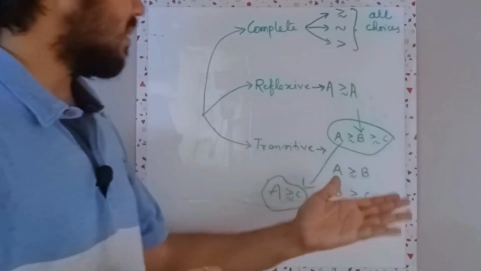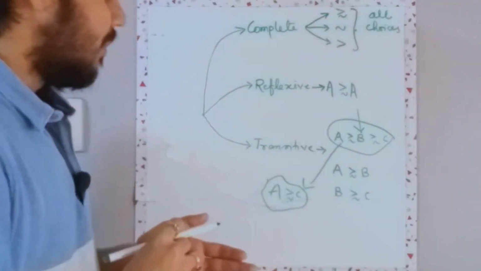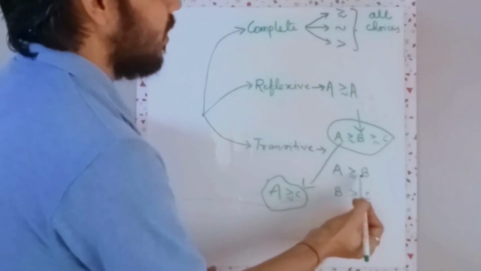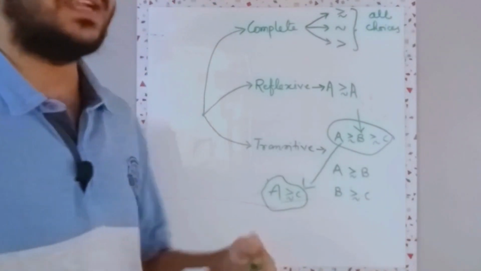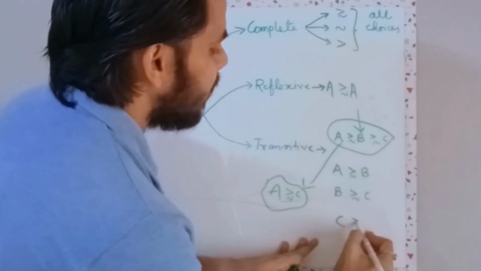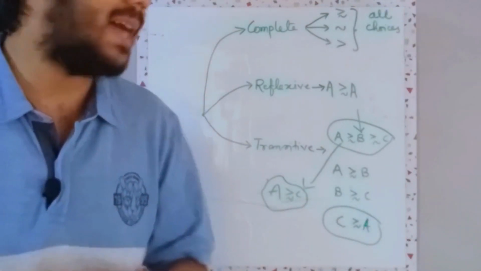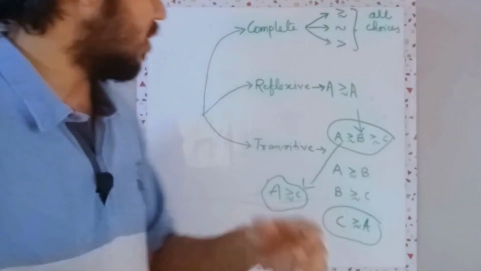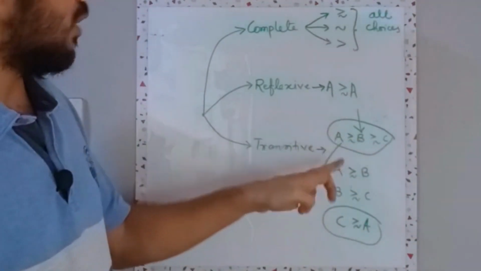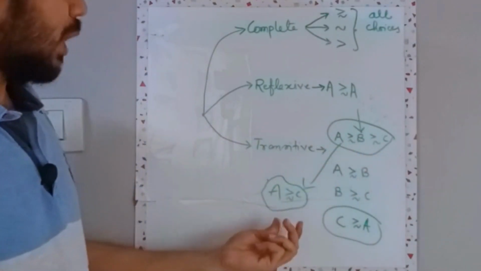Now this has some kind of logical reasoning behind it, because let us say you are saying that you prefer A over B and B over C, and then suddenly you say that no, I also prefer C over A. This is definitely not logical as per our assumptions, because using the earlier logic, you prefer A over B, then B over C. Then the natural logical deduction is you prefer A over C, right?